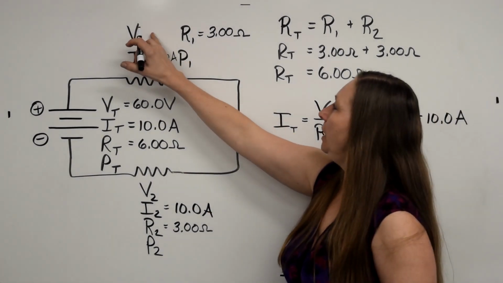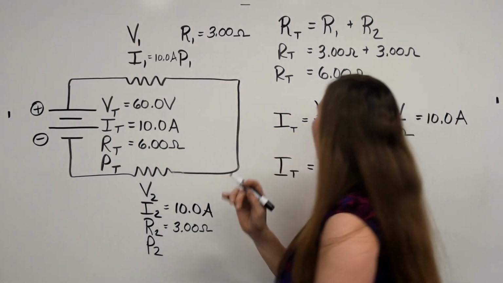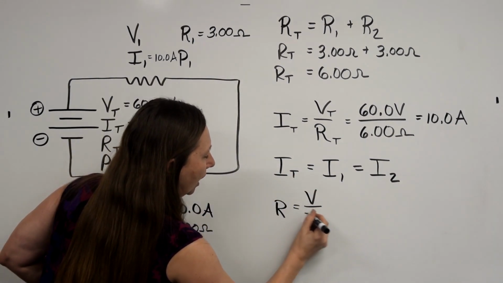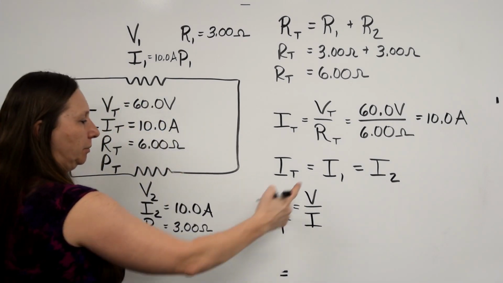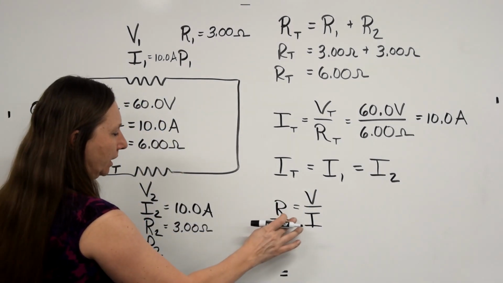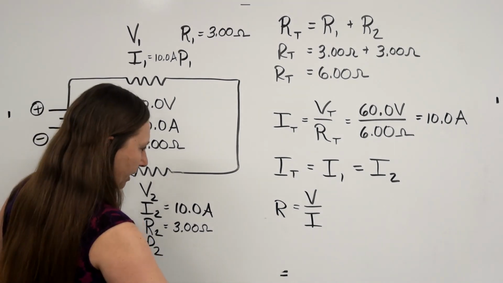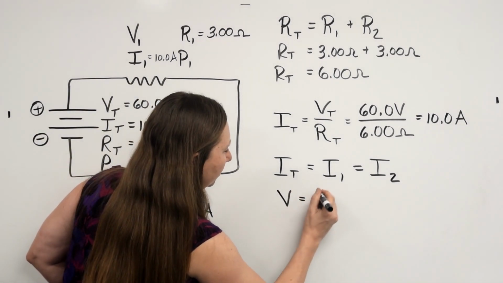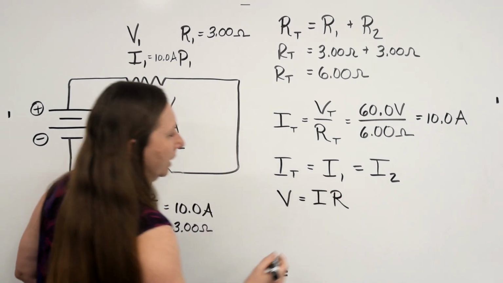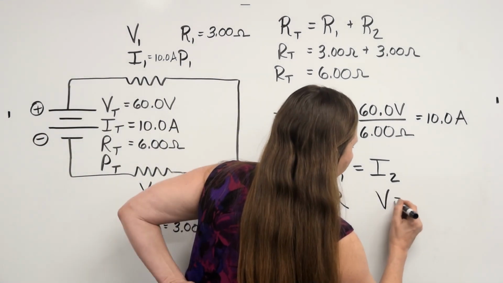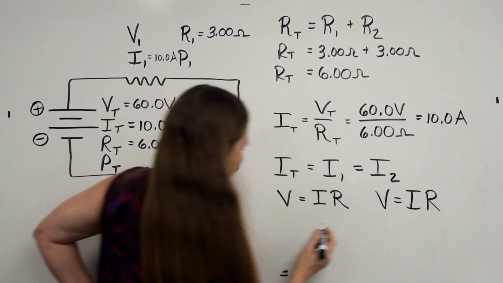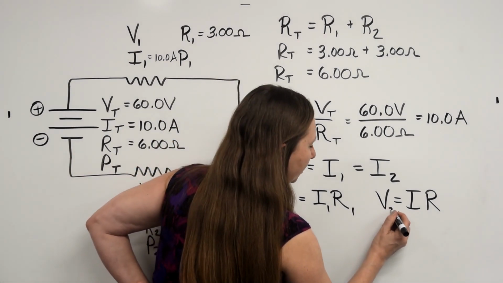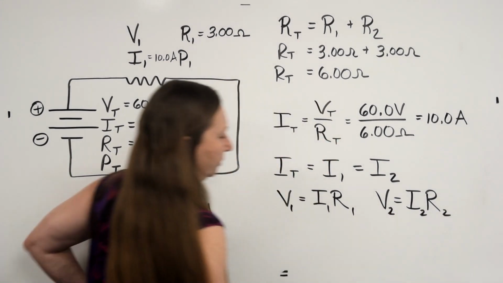V equals I times R. We know that R is V over I, but if we cross multiply, V times 1 equals I times R, then we'll get this version of Ohm's Law: V equals I R, and we can do that for the first resistor, V1 equals I1 R1, and for the second resistor, V2 equals I2 R2.